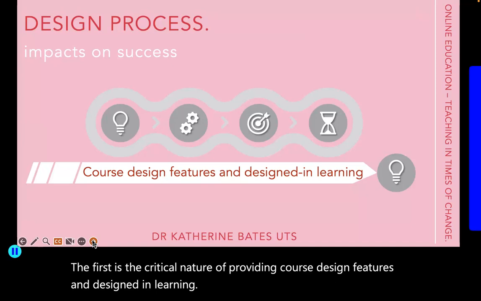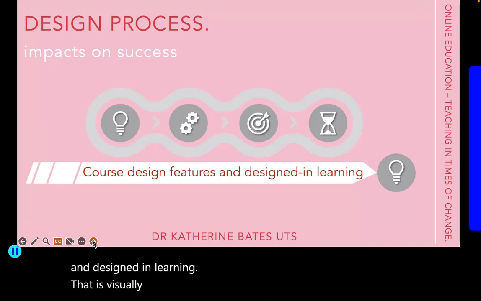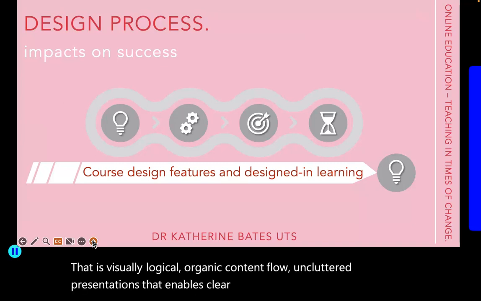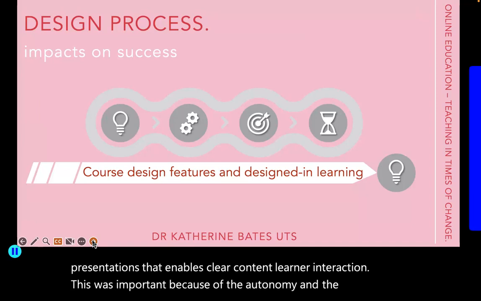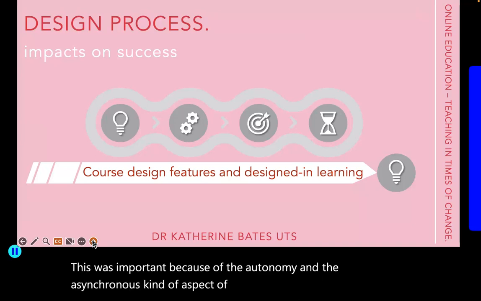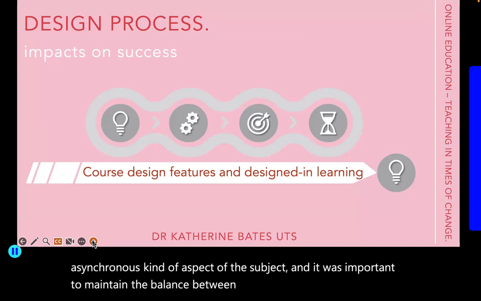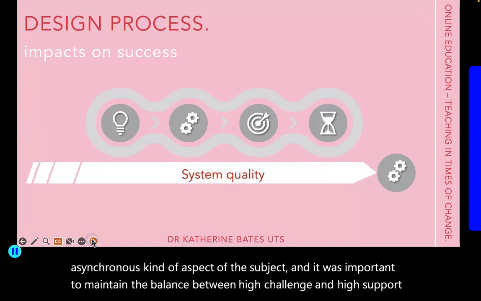That is, visually logical, organic content flow, uncluttered presentations that enable clear content learner interaction. This was important because of the autonomy and the asynchronous aspect of the subject, and it was important to maintain the balance between high challenge and high support.